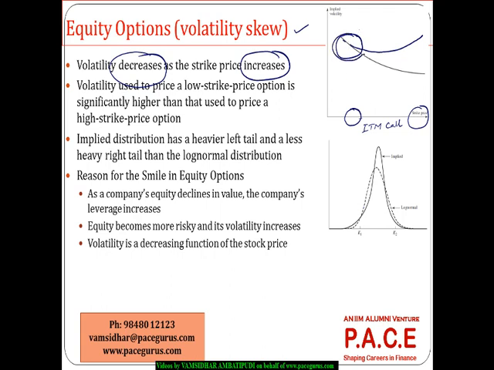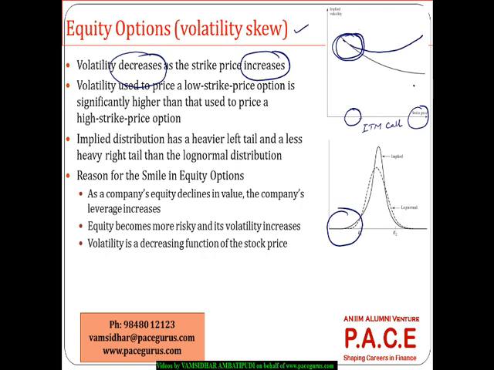Because at the lower strike prices the implied volatility is higher, the pricing is going to be higher at much lower strike prices, which means the chances of the option getting exercised become more and more, which is also an indication that compared to the log normal distribution, the asset prices are going to follow a heavier tail on the left.